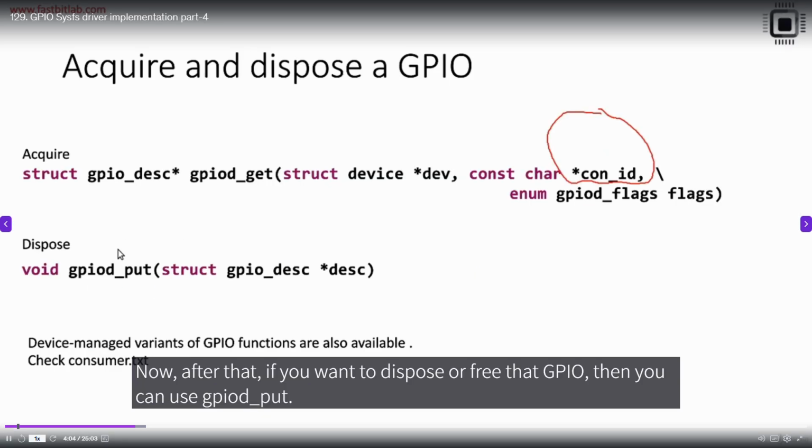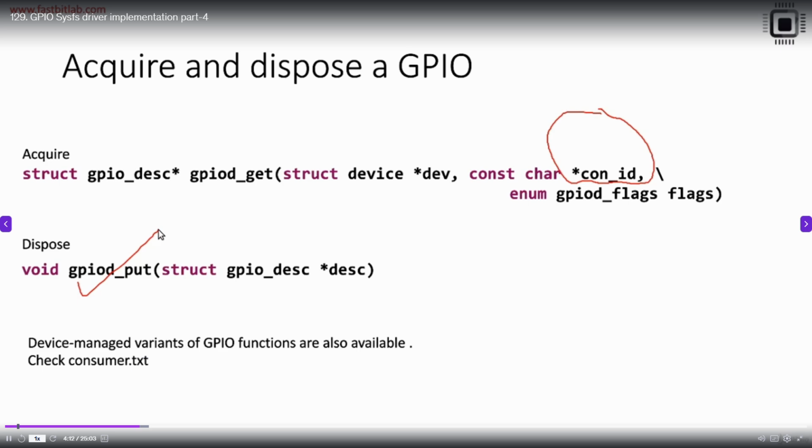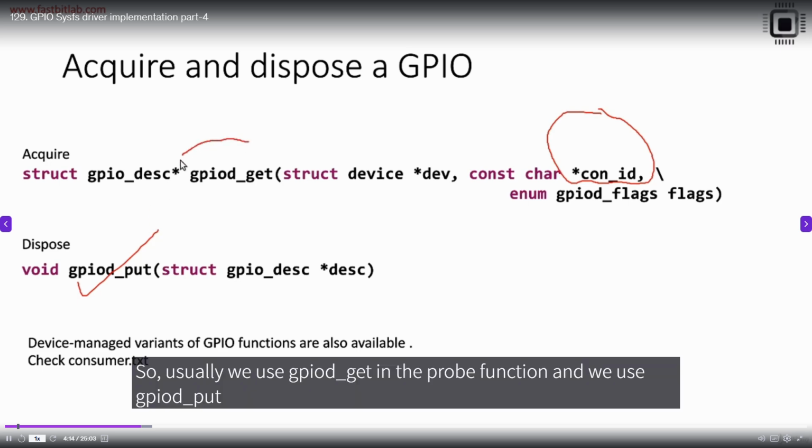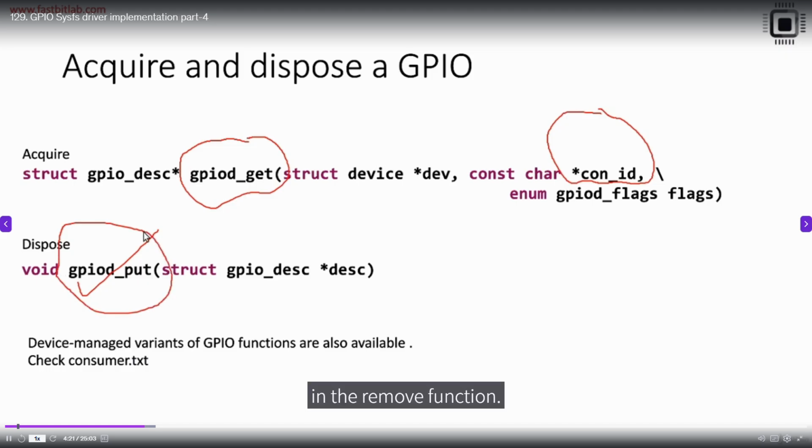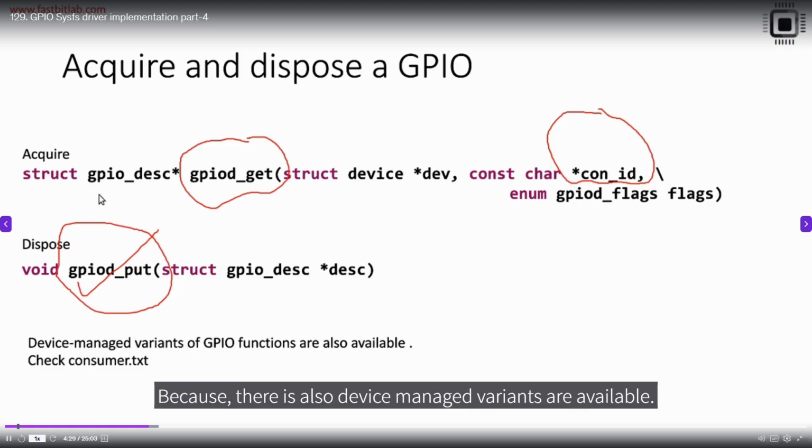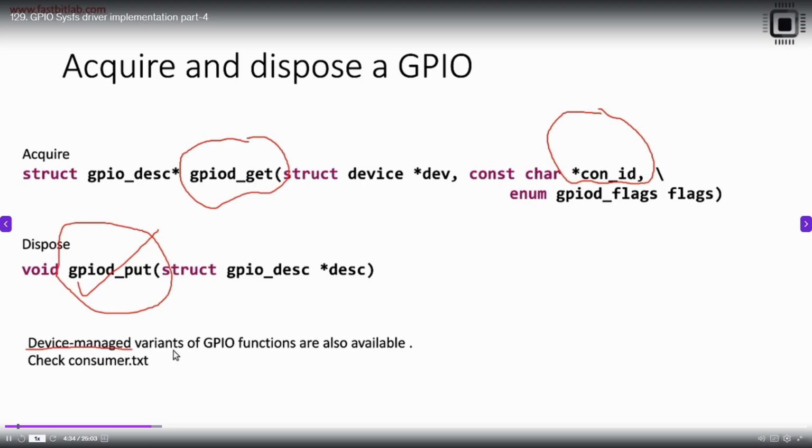Now after that, if you want to dispose or free that GPIO, then you can use gpiod_put. So usually we use gpiod_get in the probe function, and we use gpiod_put in the remove function. But you need not use gpiod_put. Why? Because there are also device managed variants available. So that is devm_gpiod_get.